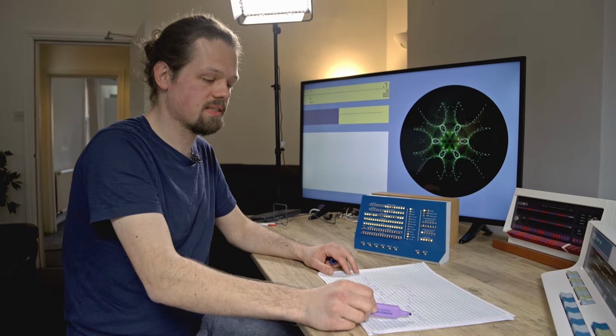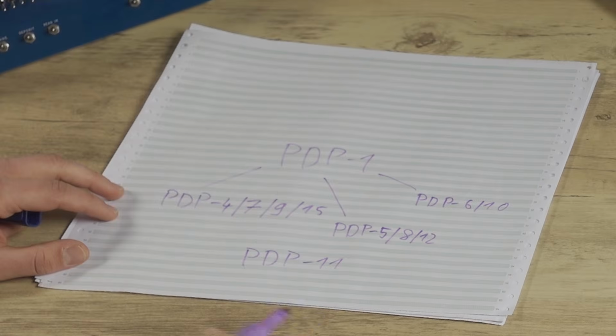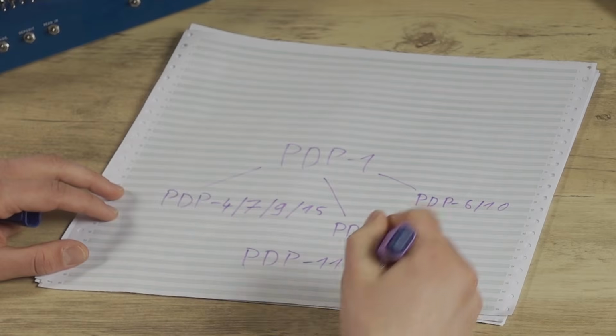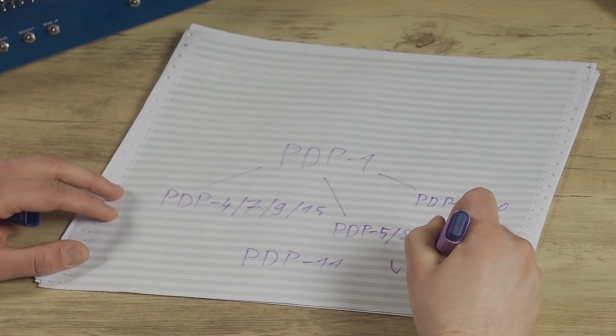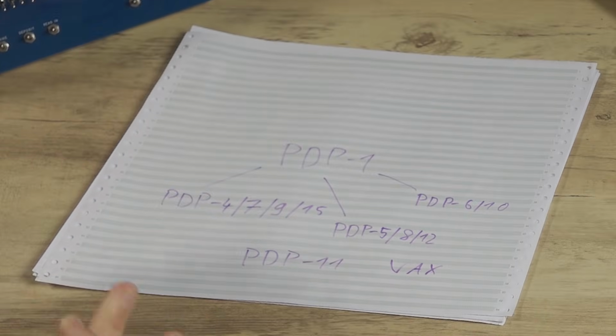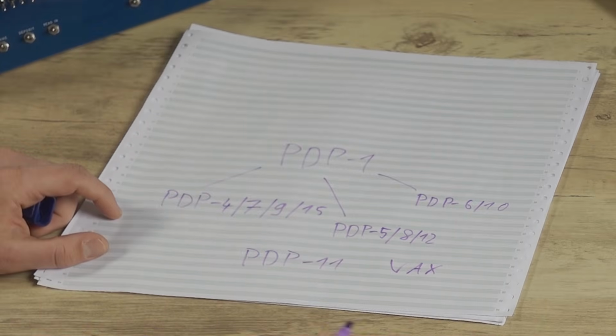It did not quite replace the PDP-6 and 10 style machines, but they later built the VAX, a 32-bit reinterpretation of the PDP-11.